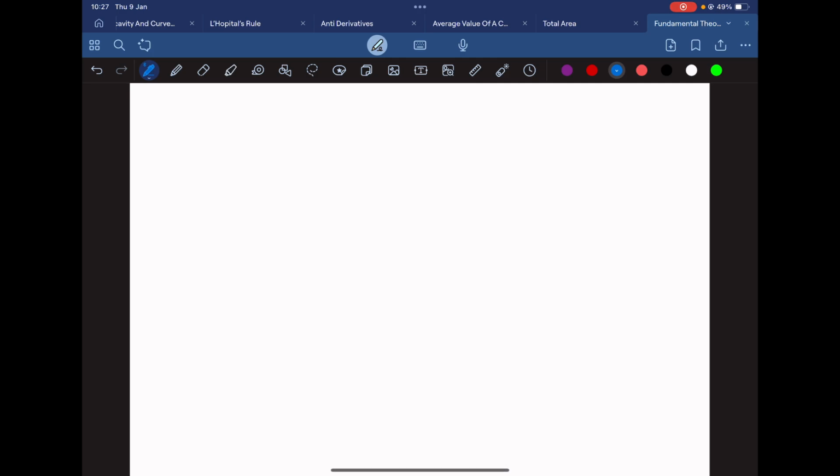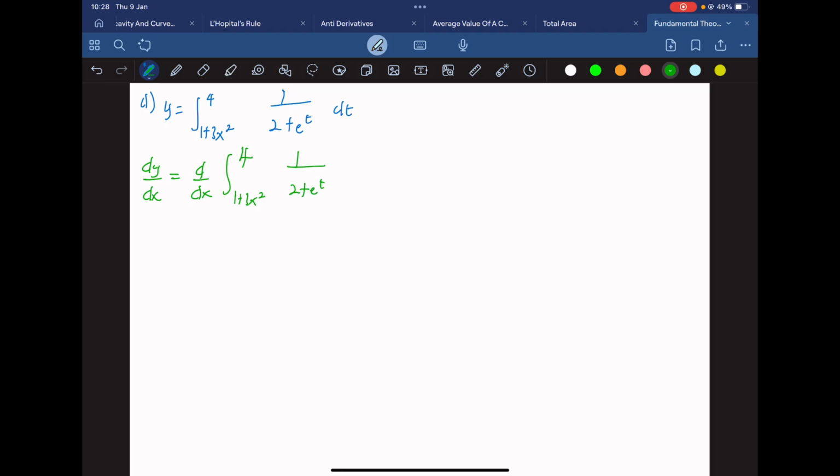Let's look at a different question. We have y equal to the integral from 1 plus 3x squared to 4 of 1 over 2 plus e to the t dt. To find dy/dx, this is just d/dx of your y.